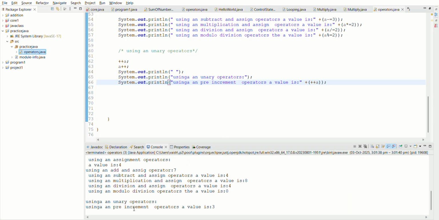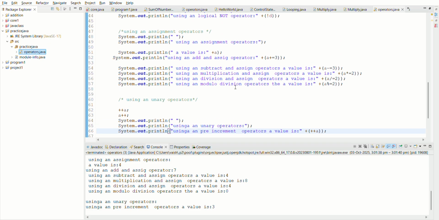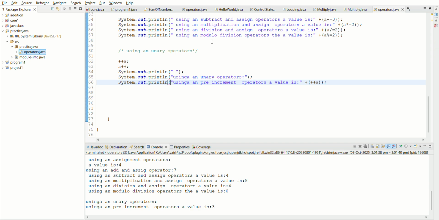So using a pre-increment operator, a value is 3. Okay. So in the assignment operators, after the modulo division operator, a value is 0, right?